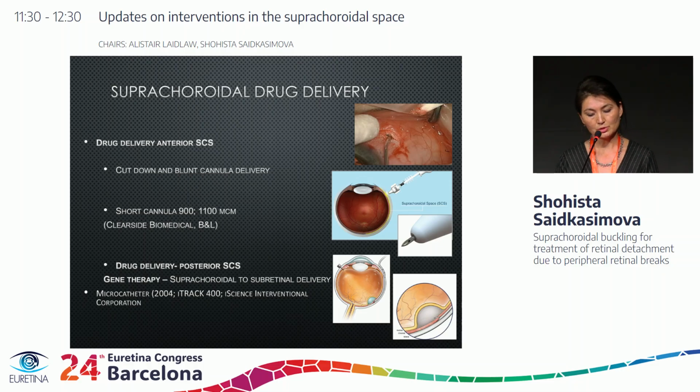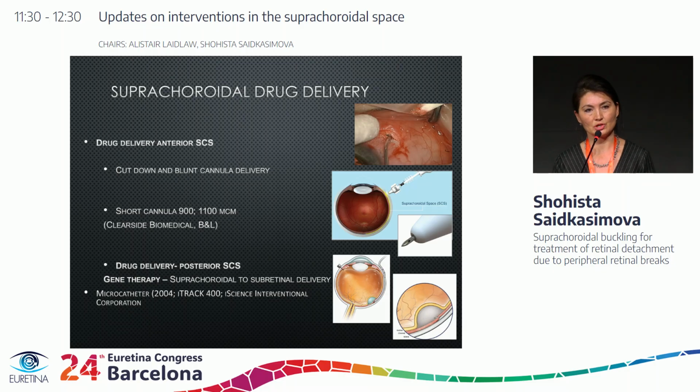And also there's more and more potential for exploring subretinal gene therapy delivered via a suprachoroidal approach. And the benefit of that is obvious. With the transretinal subretinal gene delivery systems, there's a loss of vector and material into the vitreous cavity.